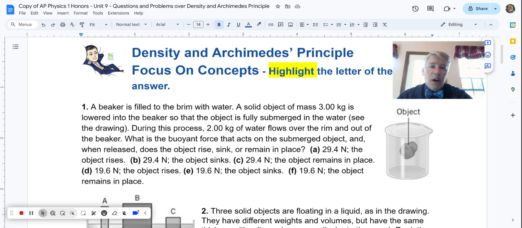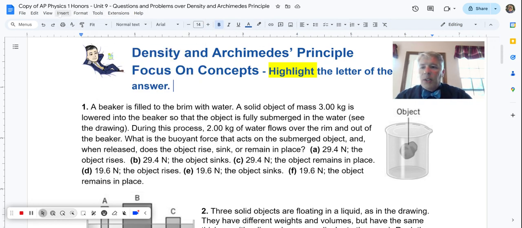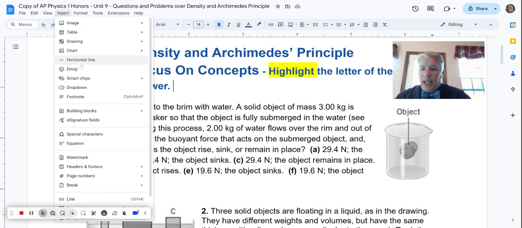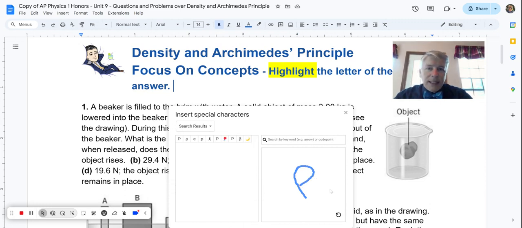So when figuring all that out, basically we end up with two equations. I'm going to type them up here real quick, and then we'll end up using them later. The first thing I have to do is insert a special character. The character we're using is the Greek letter rho to represent density. When you type it, it looks like this.